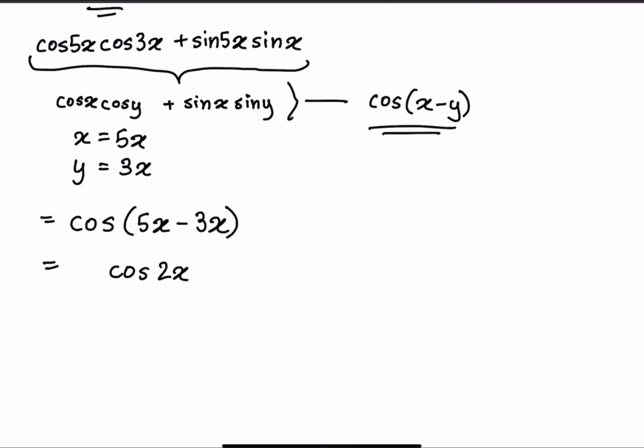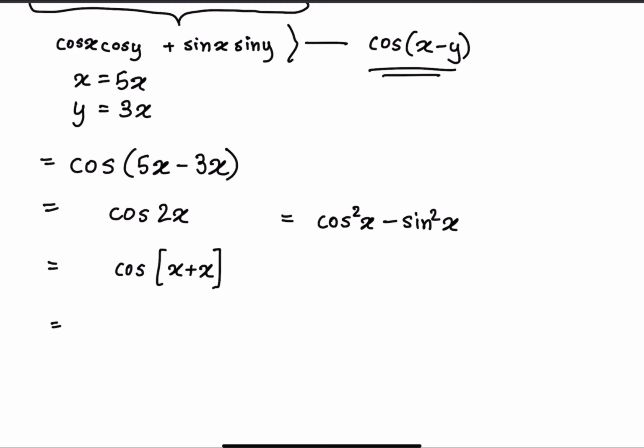Now, cos 2x is not the same thing as cos squared x minus sine squared x. So how do we simplify this? Well, we can write cos 2x as the same thing as cos of x plus x. And using the formula we just discussed before, we can write cos of x plus x as cos x cos y, which is x, minus sine x sine y, which is again x.